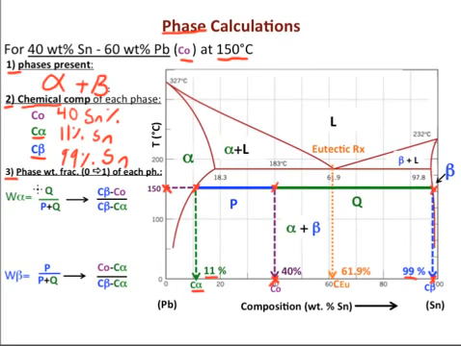So now we've come to our most tricky calculation, the phase weight fractions of each phase. So what we do is we first start over here for our phase weight fraction of alpha. So we start over here, which would actually be 0% alpha, right? Because this is our solubility limit, right?